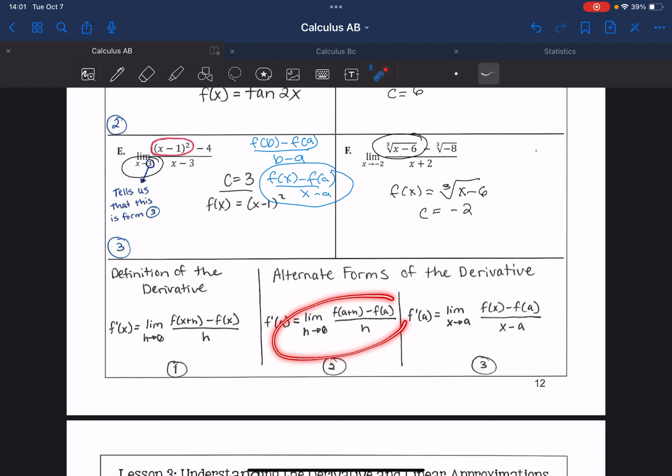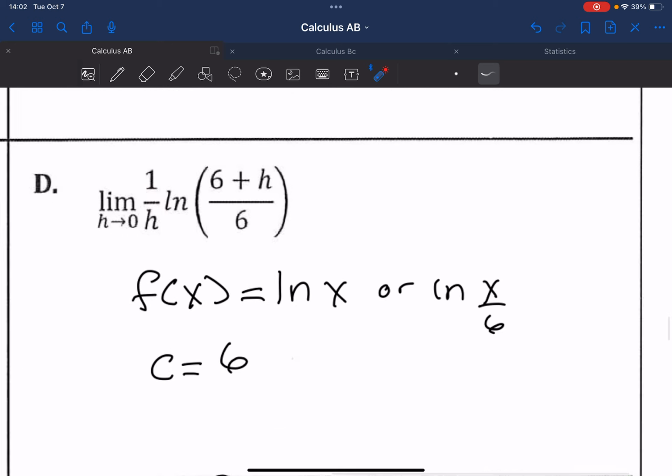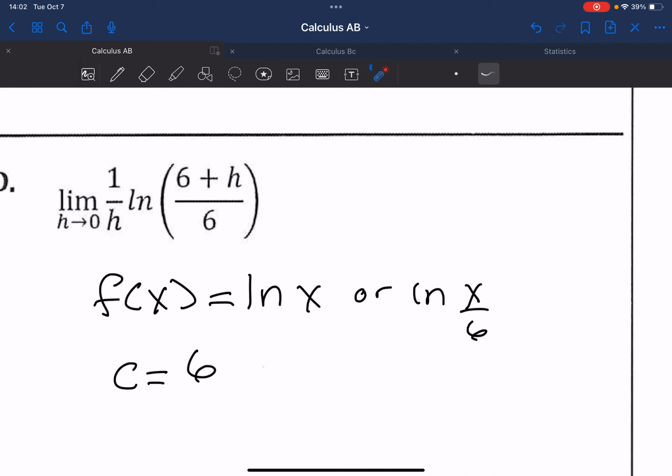So another limit, but notice instead of x, they have a, and then the limit as x approaches a of something that looks more like the slope formula from Algebra 1. So from all of these, if we notice that these are the definitions of the derivative, we can identify the function in each of them, okay? So for example, here, this was the limit as h approaches 0 of 1 over h natural log of 6 plus h over 6.